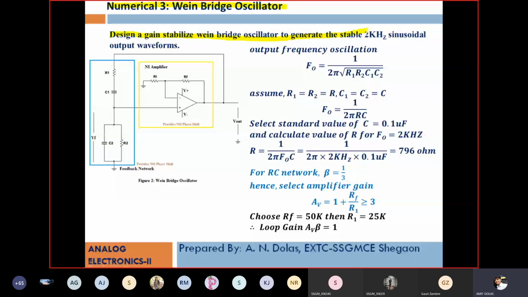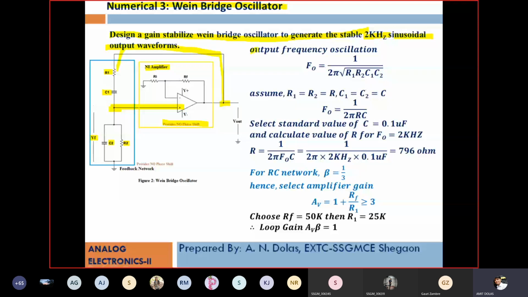So I have used the same circuit where a non-inverting amplifier is used, which will not provide any phase shift. Again, the Wien bridge network with R1 C1 in series and R2 C2 in parallel, and the feedback voltage of this network is given to the non-inverting terminal of the op amp, and the output of the op amp is given to the input of the feedback network here. And again we have to design.